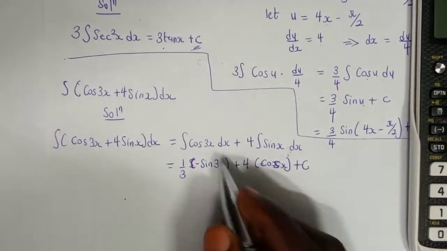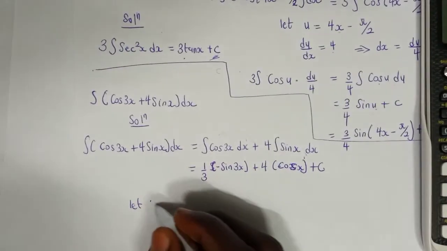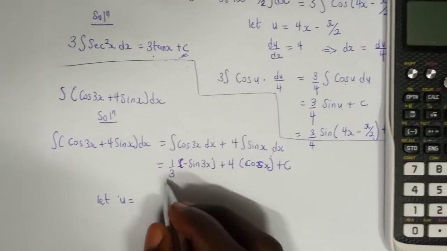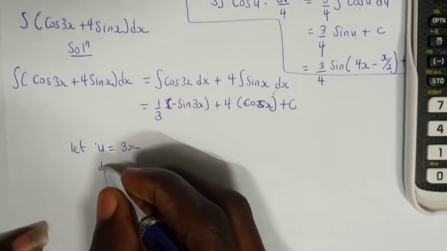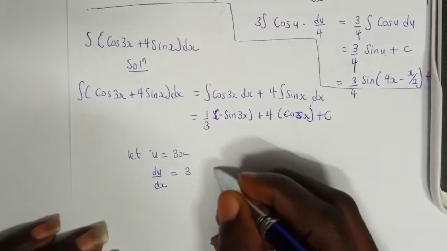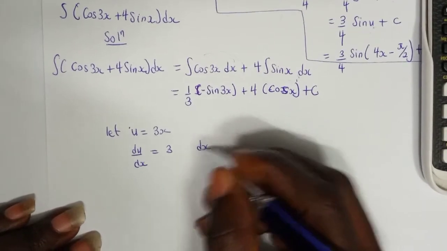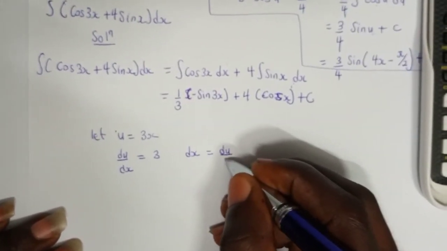Integral of this, we are going to let u equals 3x. So this implies du over dx equals 3. So making dx the subject, we are going to get du over 3.